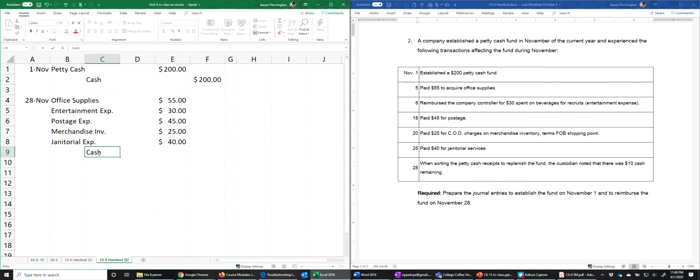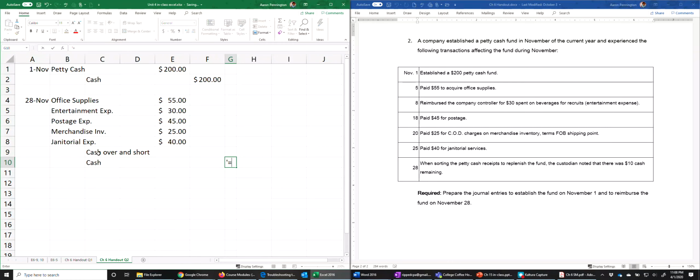So since there's too much cash, we credit cash over and short. All right. And the reimbursement is going to take the account back up to $200.